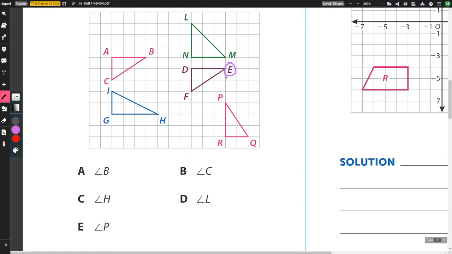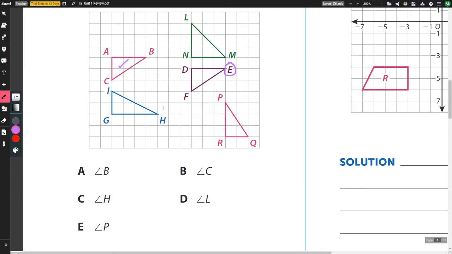We want the same measurement as E, so the triangle must be the same as triangle D, E, and F. D and F is 2, and D and E is 3. So we're looking for triangles with a length of 3 and a length of 2. A, B, and C have 3 and 2, so this is a possibility.